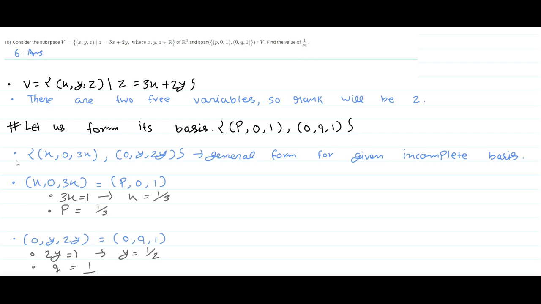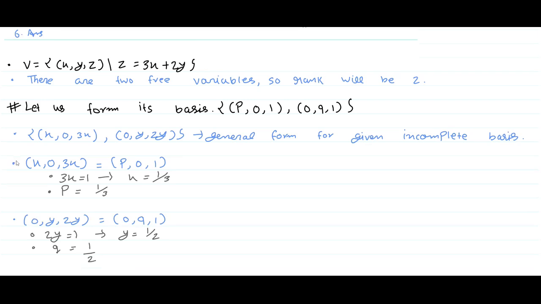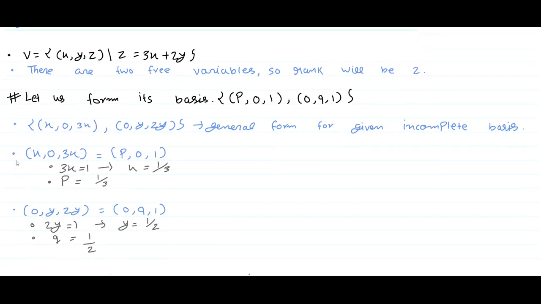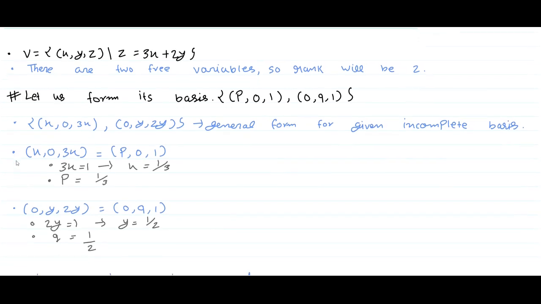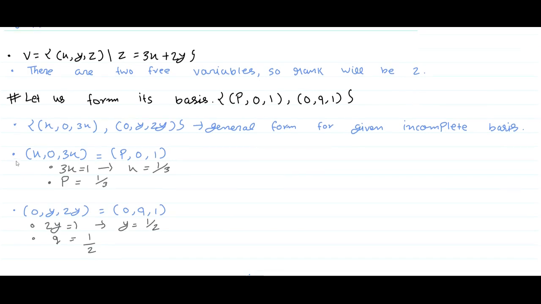First, let us make the general form of this incomplete basis. The first vector is P, 0, 1. So it means that P is X and Z is 1. And from the given condition, we can clearly see that Z for the first vector will be equal to 3 times X. And similarly, the second vector will be 0, y and 2 times y. And now if we equate the first general form vector with the given vector having an unknown variable, then we can see that 3 times x is equal to 1 from the third terms.